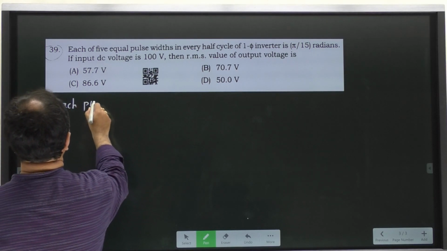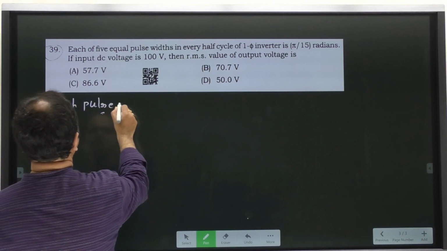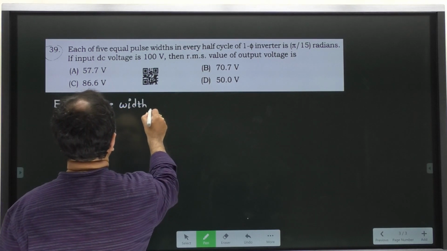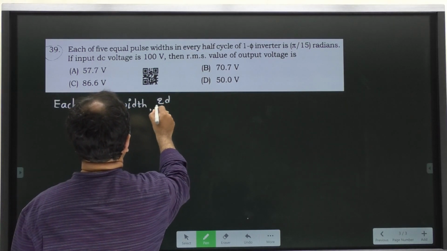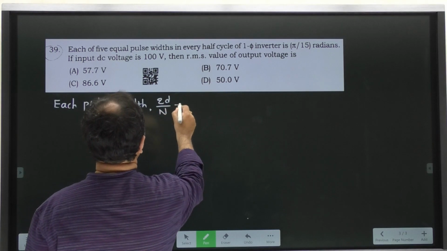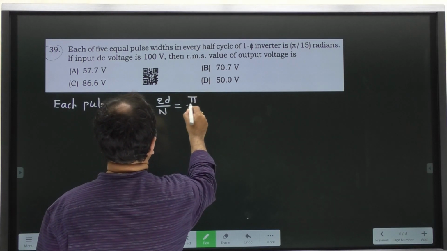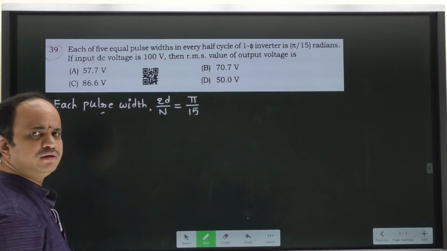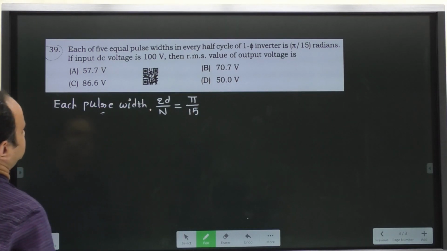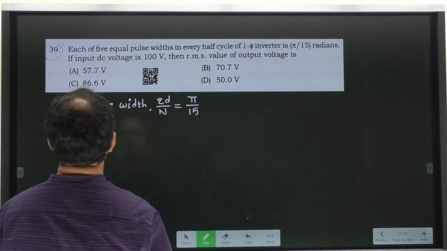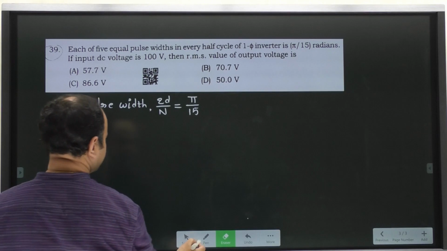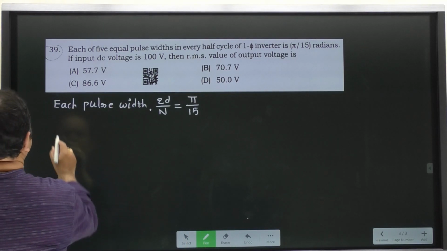Each pulse width, 2d by n, is given as pi by 15 radian. And how many number of pulses? It is mentioned that there are 5 pulses.